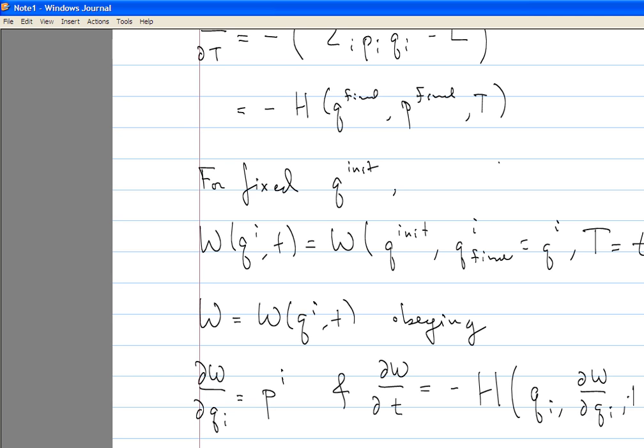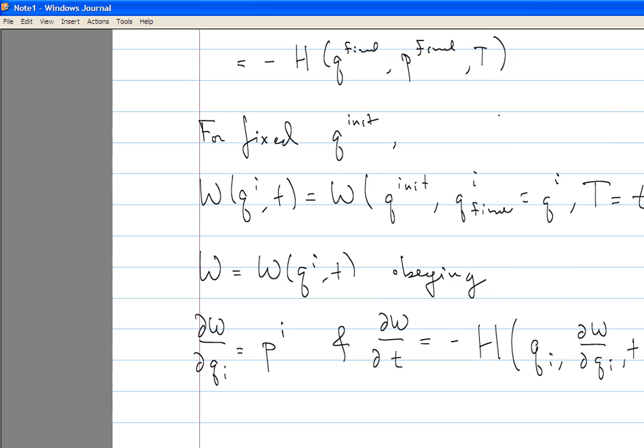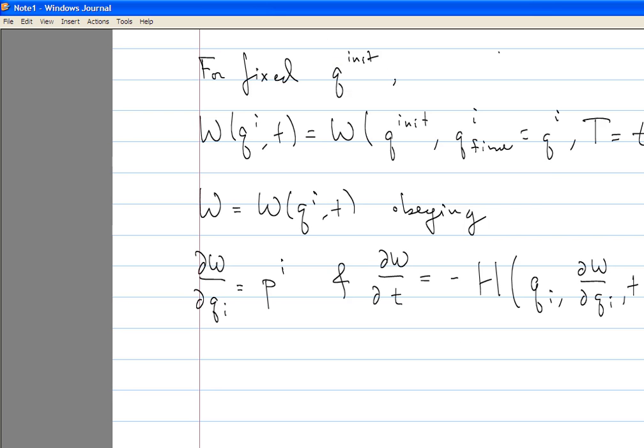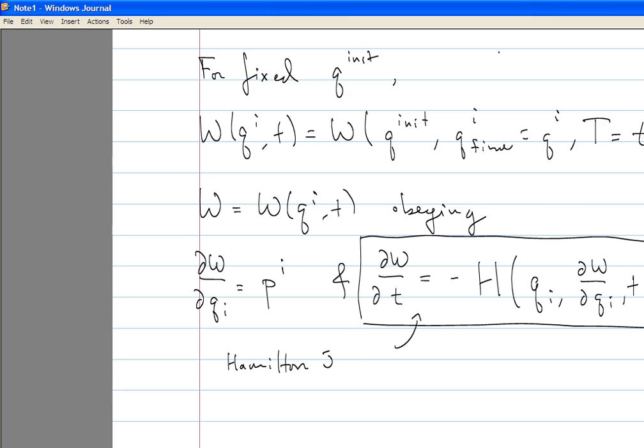That's just the first equation. So this is known as the Hamilton-Jacobi formulation of mechanics. And this equation here is known as the Hamilton-Jacobi equation. And it tells us how the action of a system depends on time.